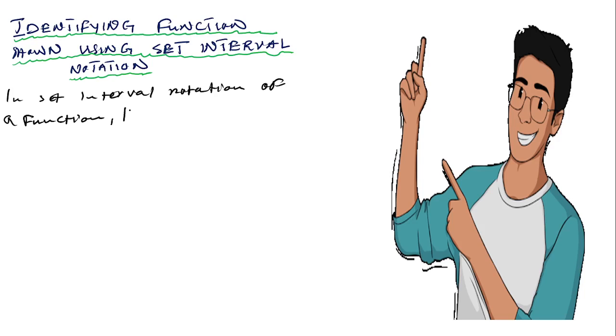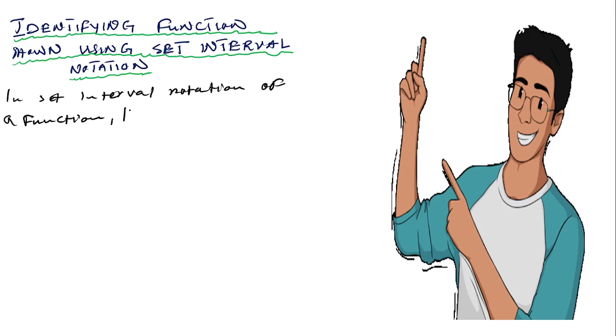This is the first principle you need to understand. The first number in an interval notation, the first element, it is the what? The domain. And the one which is after the comma is what? The range. This is the input. That is the output, in set notation, when you are dealing with functions.